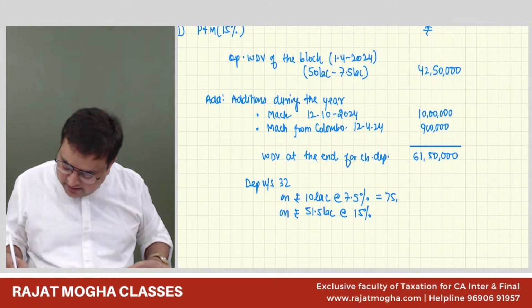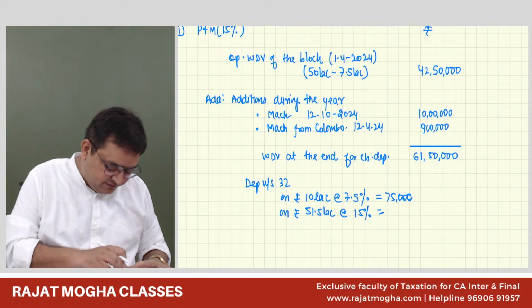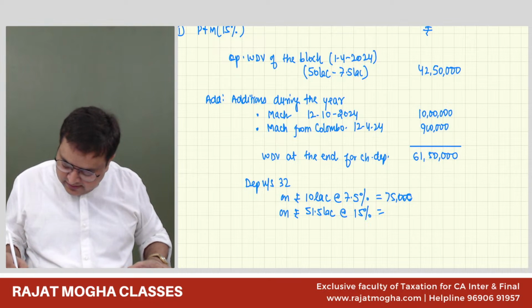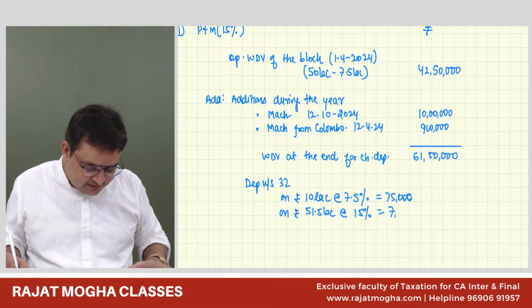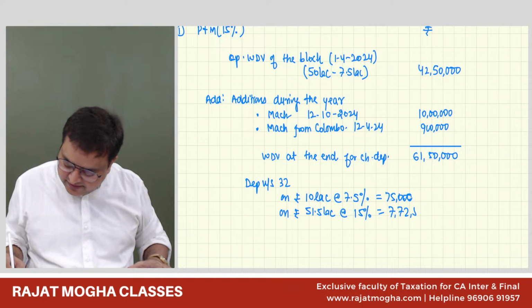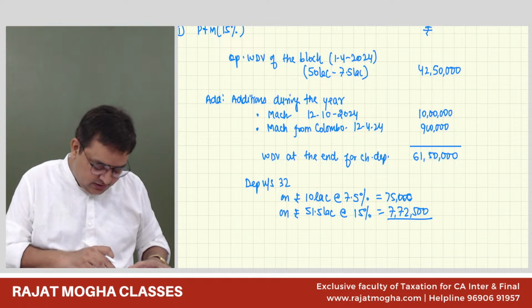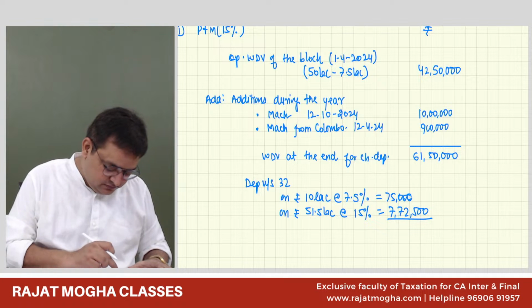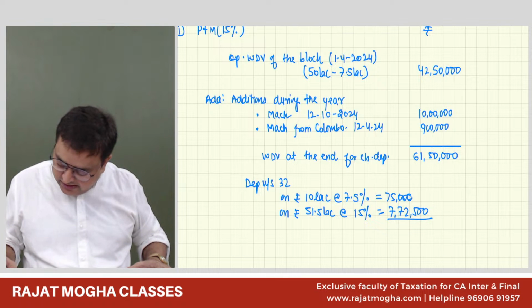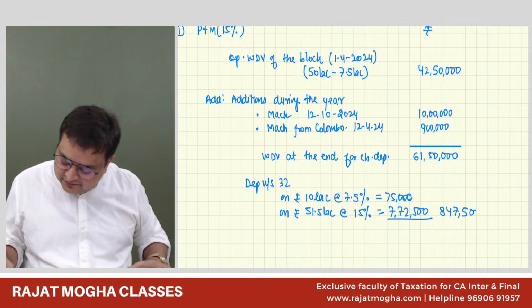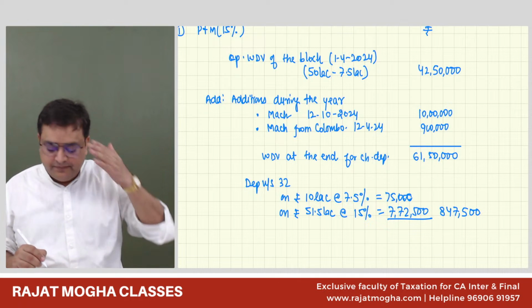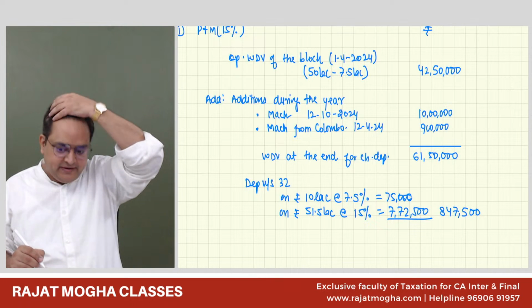Correct. 75,000, and 7,72,500. Total comes to 8 lakh 47,500, very good. This is the normal depreciation on this asset.